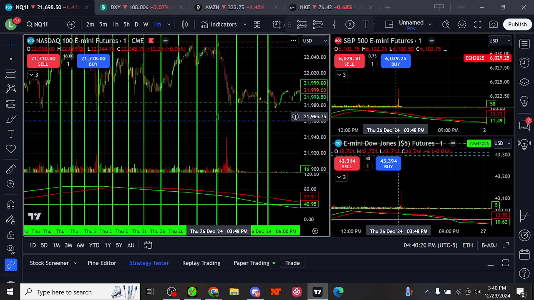Because first off, there are stigmas around so-called numerology, which I don't believe this is. I think this is rooted completely in math. Let me say this: I believe that time and price are equal. They're a continuum. Does that sound familiar?